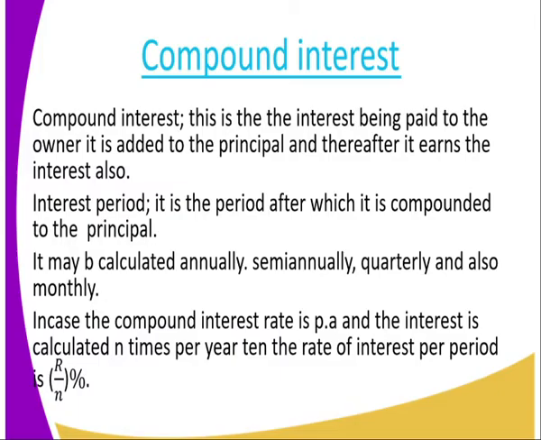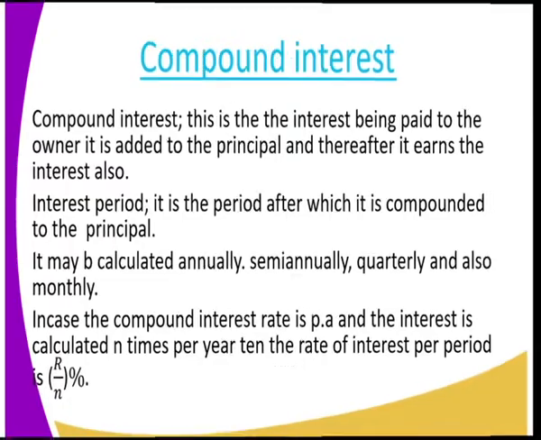For example, if you are required to find the rate when it is compounded quarterly, how many times will you compound this? It is 4 times. So my rate becomes r divided by 4, the number of times you are going to calculate it. So that's how it is calculated.